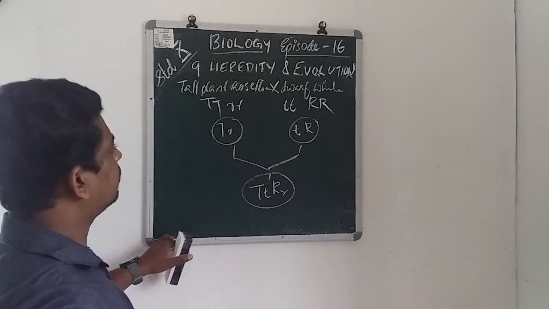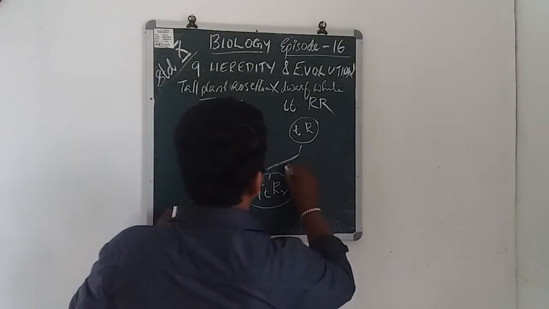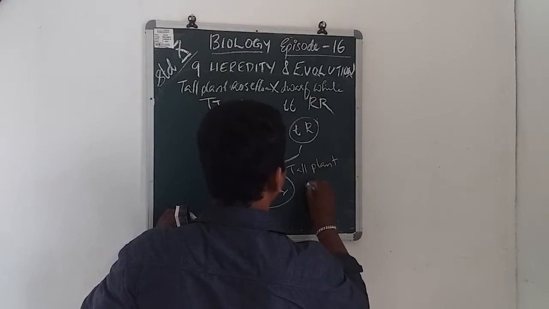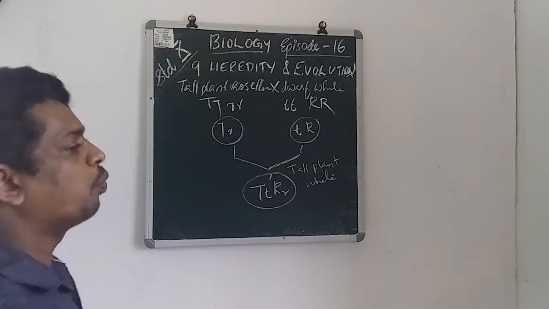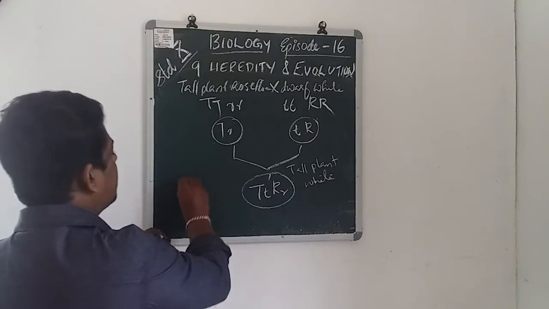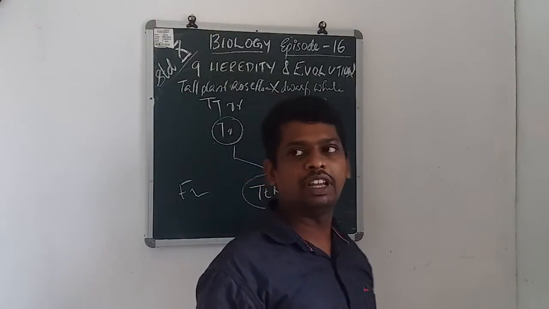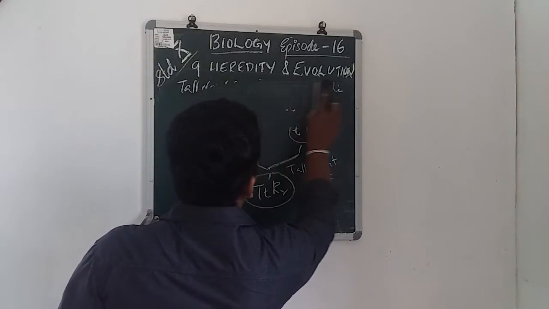These are tall plants with white flower. All the F1 generation are tall plants with white flower: capital T, small t, capital R, small r.